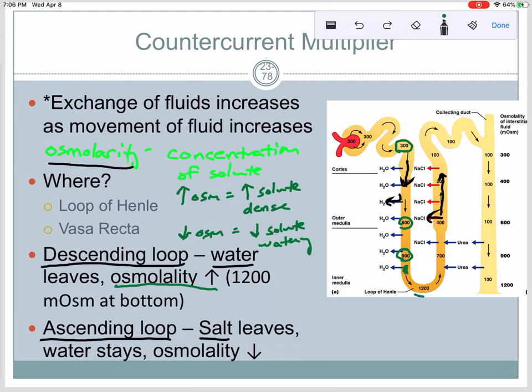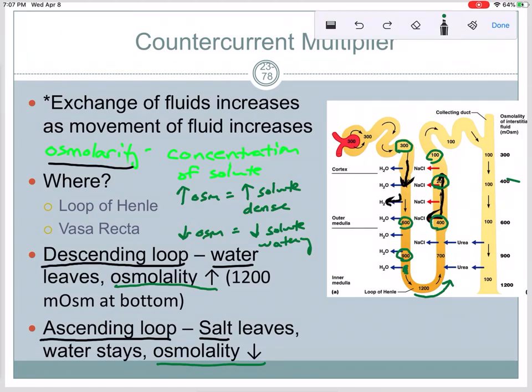But as we turn the corner and come up to the ascending limb of the loop of Henle, now we're reabsorbing solutes, and the osmolarity goes back down, because in the Kool-Aid example, we're reabsorbing more sugar, which makes the osmolarity go down. This is what the countercurrent multiplier is.